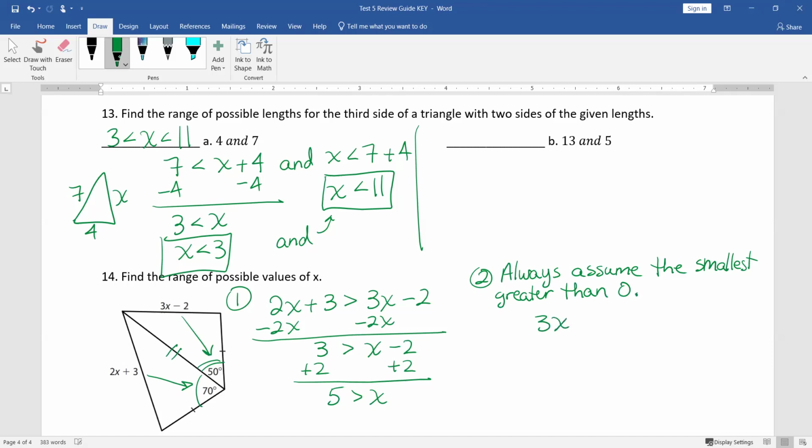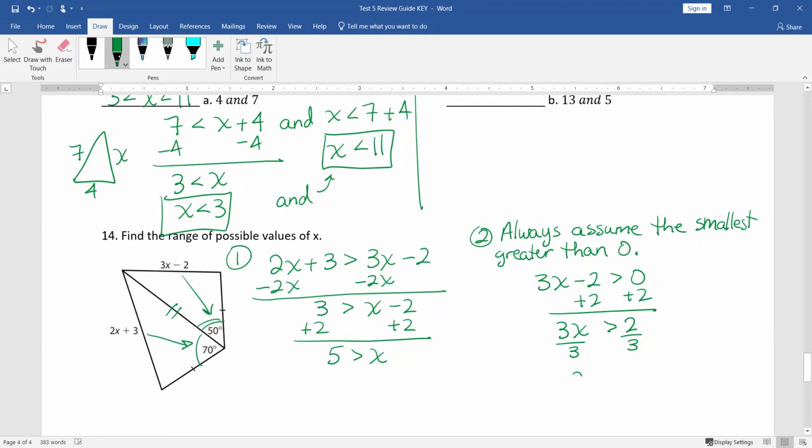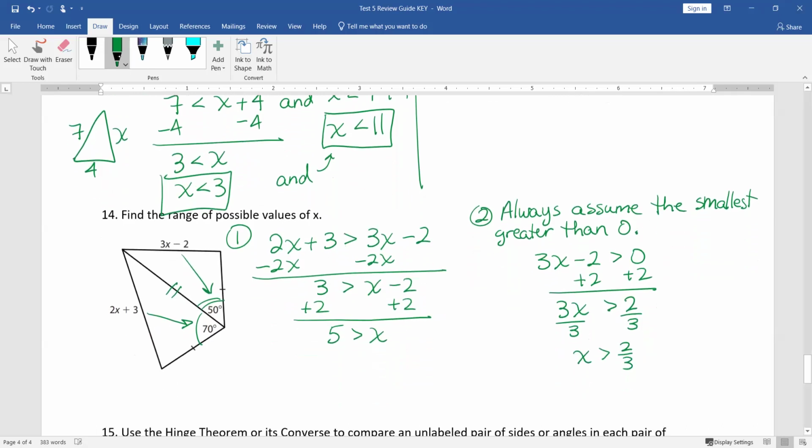So 3x minus 2 must be greater than 0, whatever that length is. So what is the value of x? So we just solve. We add 2 to both sides. 3x is greater than 2. And then we divide both sides by 3 so that we know that x has to be greater than 2/3. There's our range. X is greater than 2/3, but it must be less than 5.